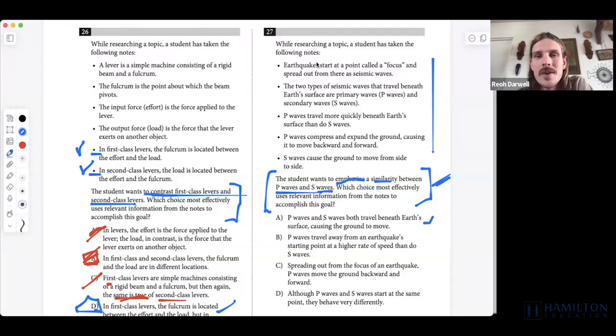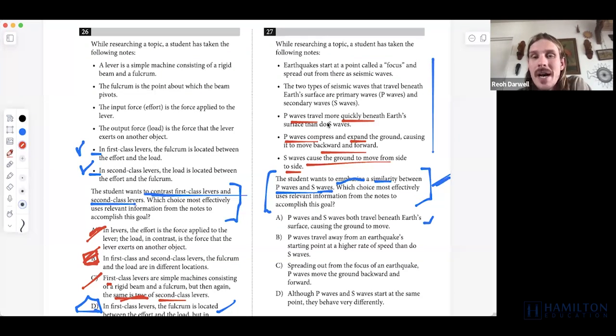So we're not talking about how they can be different in the way they function. We don't want to talk about what their impacts are. We just want to talk about a similarity between the two, right? So we see a lot of differences between the two. P waves are faster or quicker, right? P waves compress and expand, whereas S waves cause it to move from side to side rather than forward and back, right?